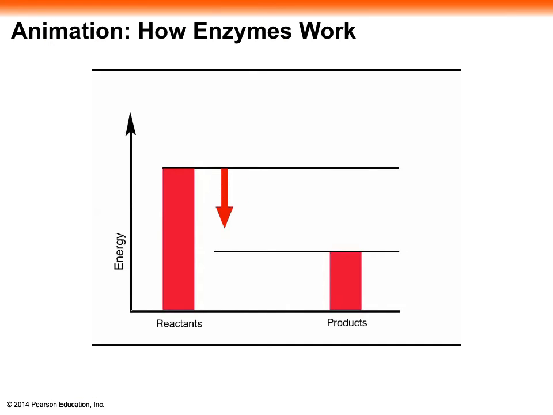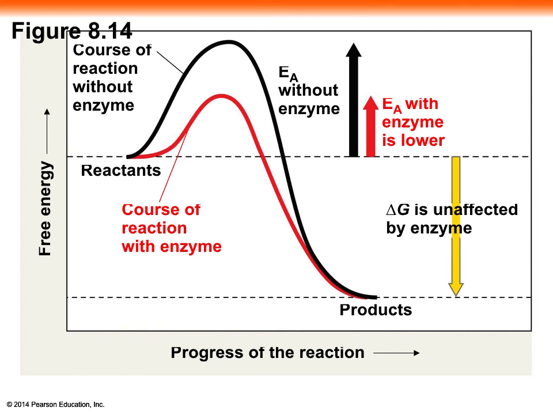Enzymes lower the activation energy, allowing reactions to move forward faster. Without enzymes, reactions will still move forward. It would just take a very, very long time. So we need these enzymes to lower the activation energy, lower that hump.